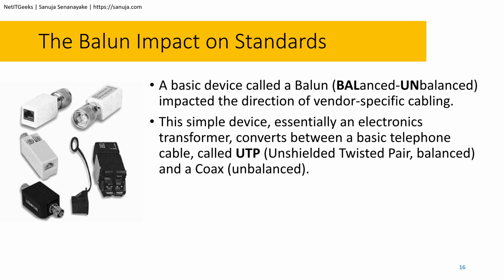This is a simple device, essentially an electronics transformer, that converts between a basic telephone cable called UTP, which is unshielded twisted pair, and a coax cable. Basically these baluns were used between the UTP cable and the coax cable, because UTP cables are considered a balanced cable and coax cables are considered an unbalanced cable.